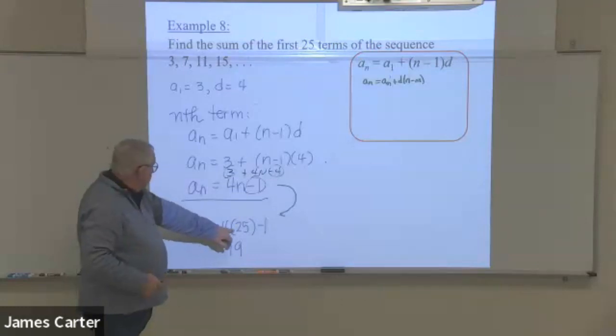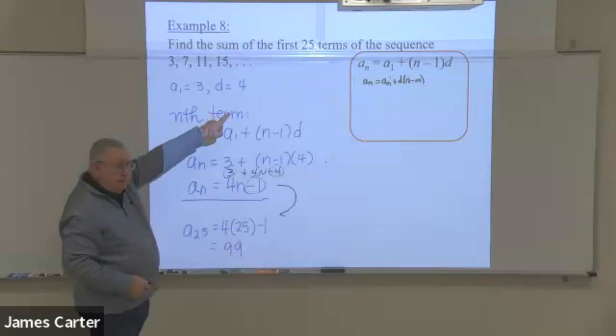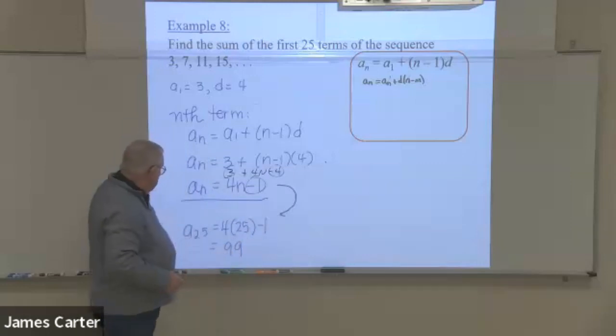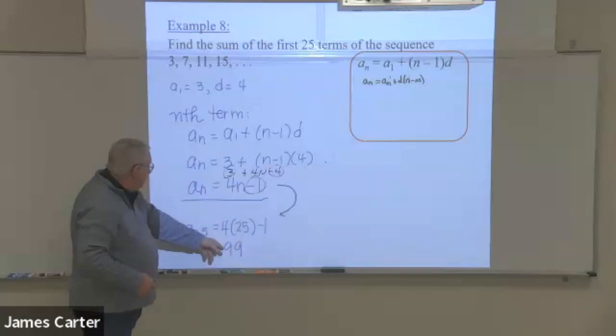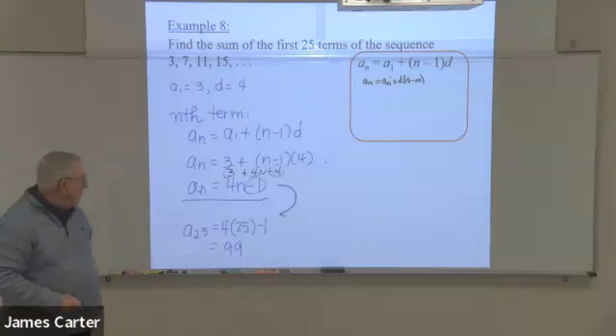So we put 4 times 25, because they want to know the 25th term, minus 1. Well, 4 times 25 is 100, minus 1 is 99. So in that case, the 25th term is 99.